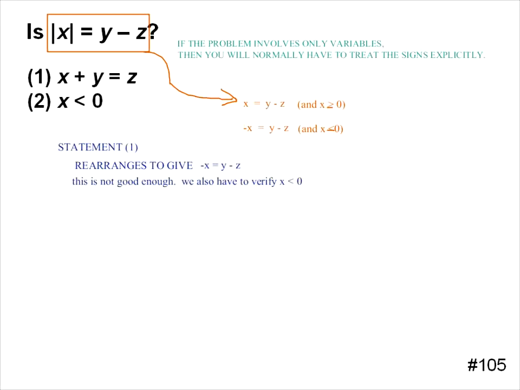Pardon the dictation delay. We also have to verify that x is either 0 or a negative number. So that's not going to be sufficient.